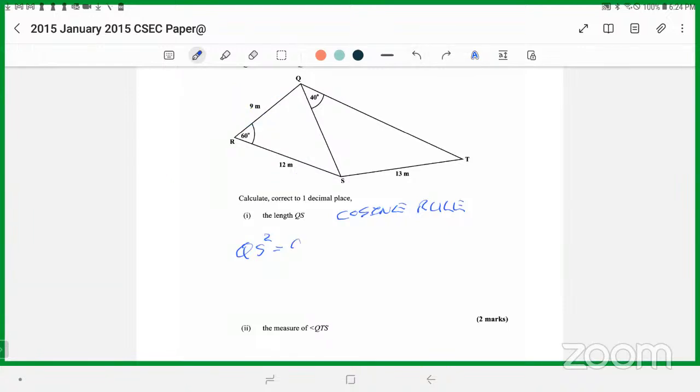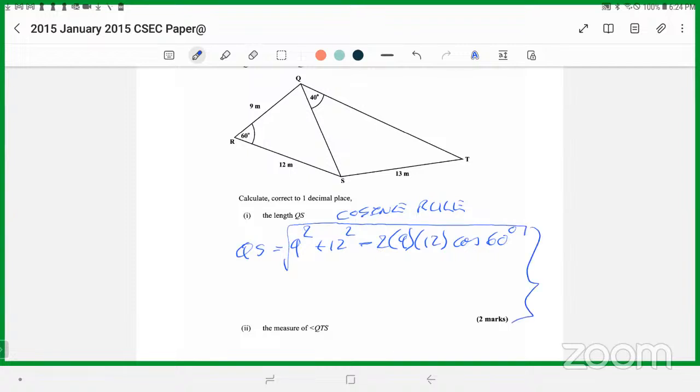Start like Pythagoras' theorem, but then it's not Pythagoras' theorem, so you subtract twice the product of the two sides times the cosine of the angle between them, which is 60 degrees. Instead of putting the square on here, I can take the square root over this. Notice there's not a lot of space to do a lot of work, so you can get it a lot quicker if you do it like this.